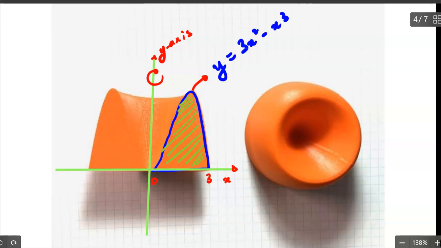Right on this x-axis, what you have is this. Let me see if I can fix this, because I think it's not straight. Make sure that is straight.